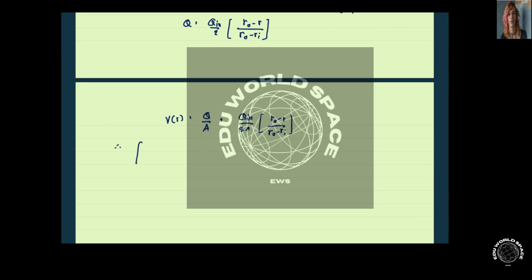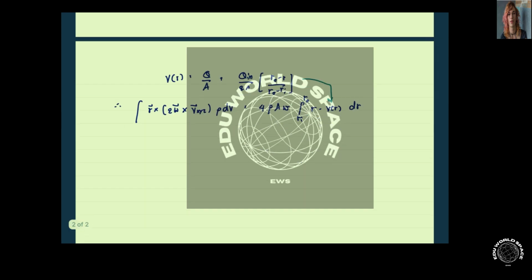And so the term, the integral of R cross 2 omega cross Vxyz rho dV, will be 4 rho A omega times the integral from Ri to R0 of R Vr dr, where Vr is as found here, and then we'll have that it will be rho Q in omega times R0 to the power 3 plus Ri square times 2Ri minus 3R0 divided by 3 times R0 minus Ri.